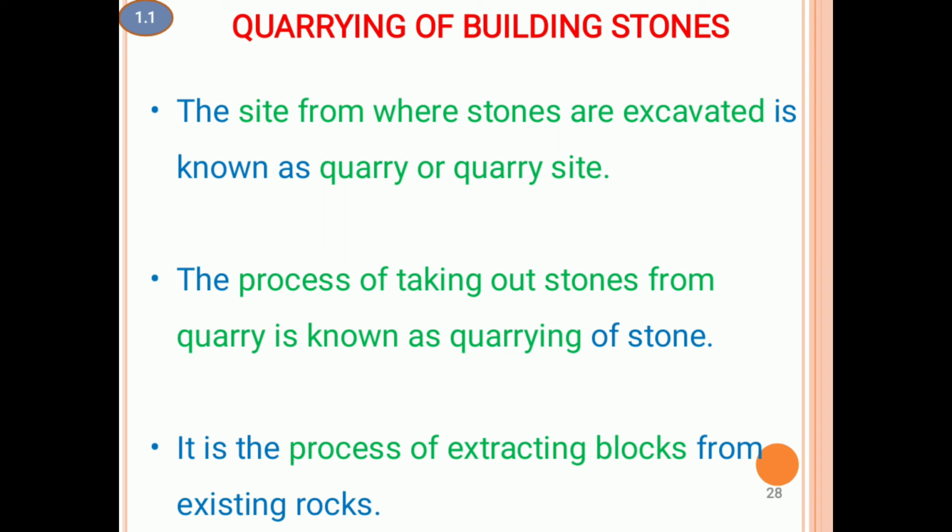The site from where the stones are excavated is known as a quarry or quarry site. The process of taking stone out of the quarry is known as quarrying of stone.